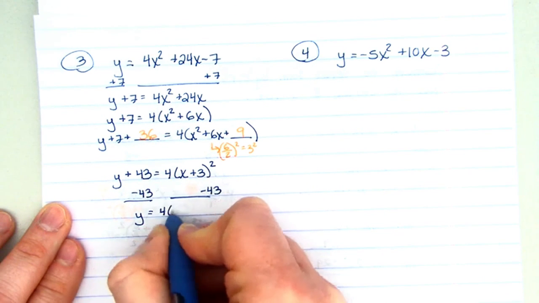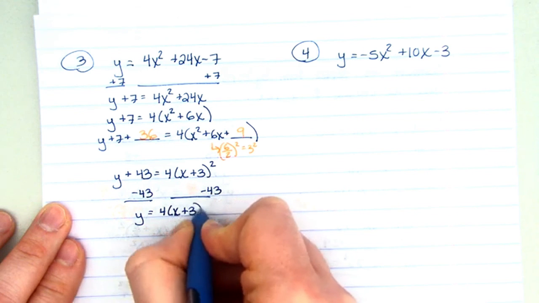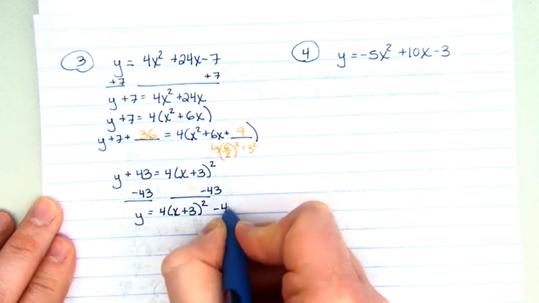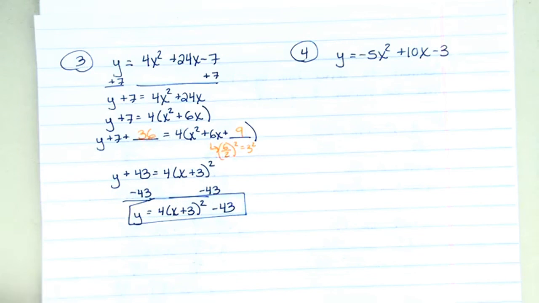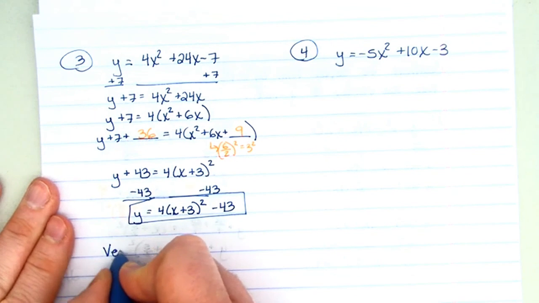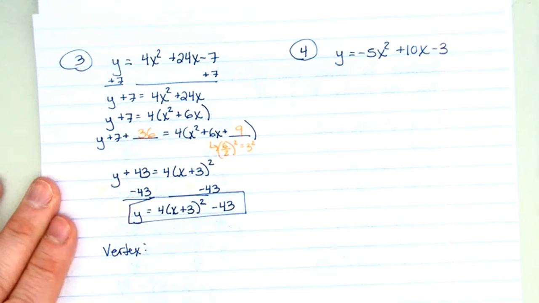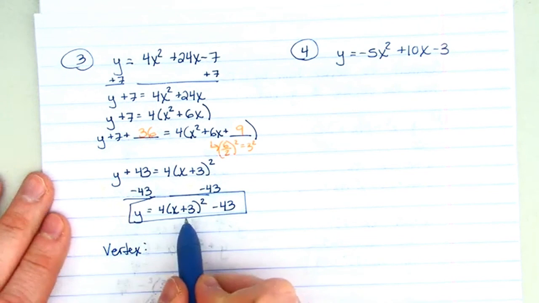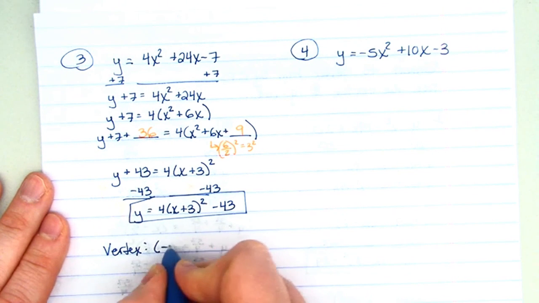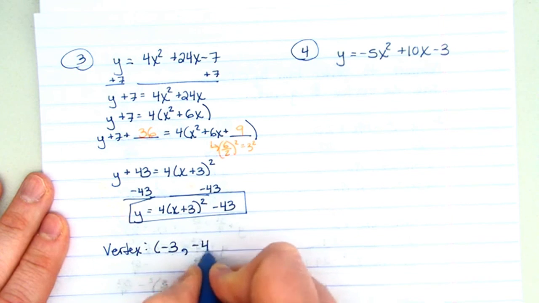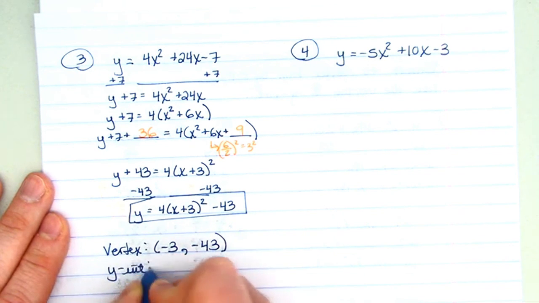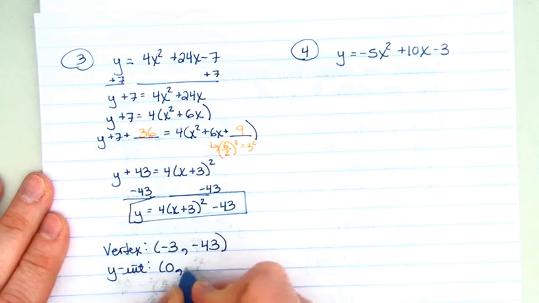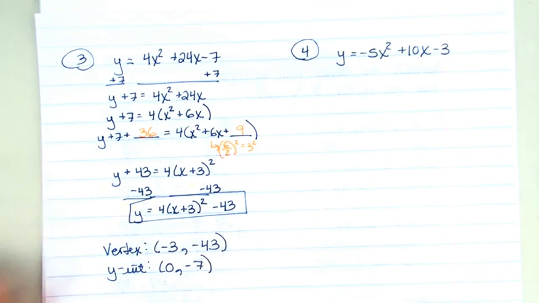Y equals 4 times x plus 3 in parentheses squared minus 43 should be your parabola. My vertex, the parabola was moved left 3 and down 43, so I'm going to say negative 3 comma negative 43. And the y-intercept, taken from the original, is 0 comma negative 7.